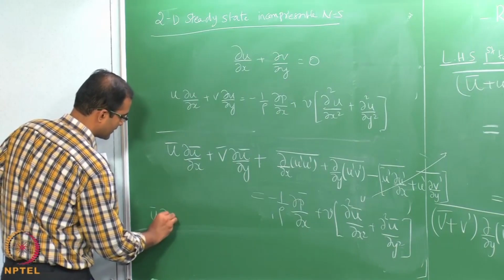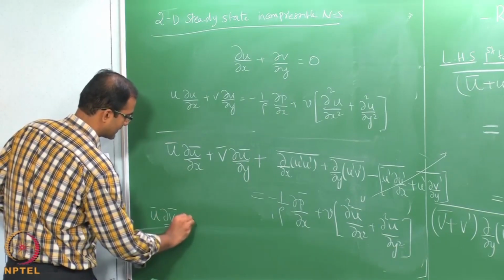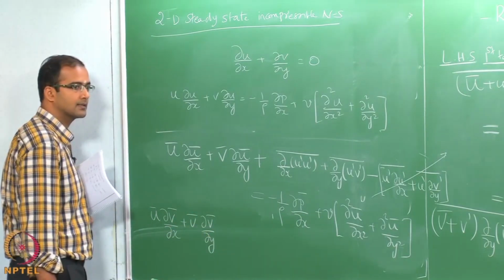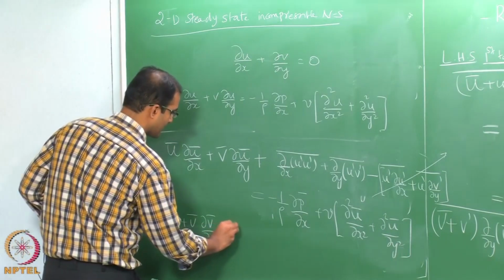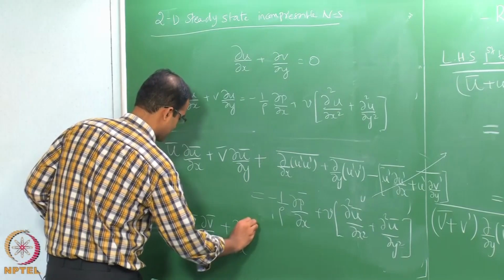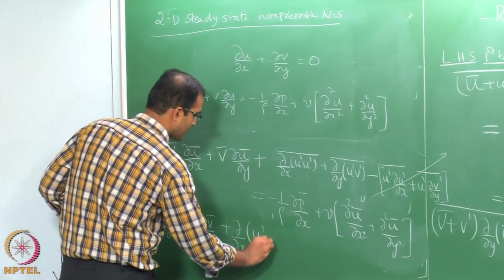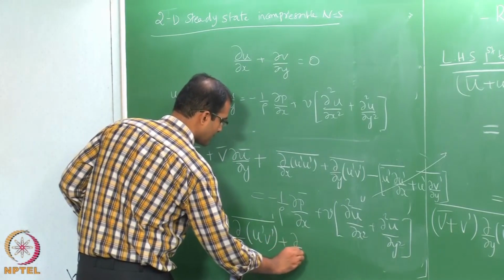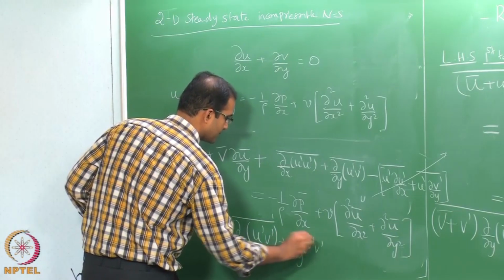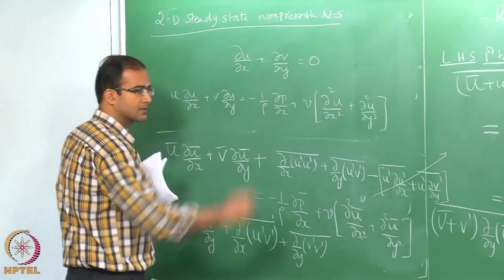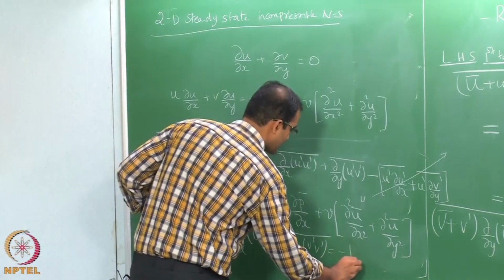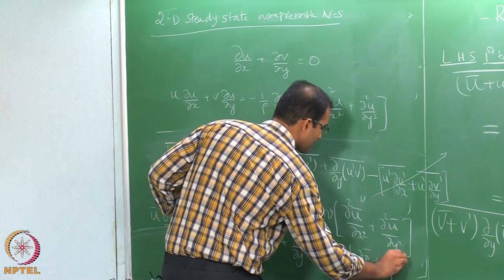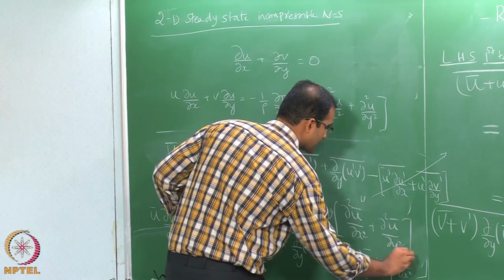If you repeat the same averaging exercise, you will have the mean components in the advection term plus additional terms: d by dx of u prime v prime bar plus d by dy of v prime squared bar, the other terms will be 0. On the right hand side you have dp bar by dy plus nu into d square v bar by dx square. All these are mean components.